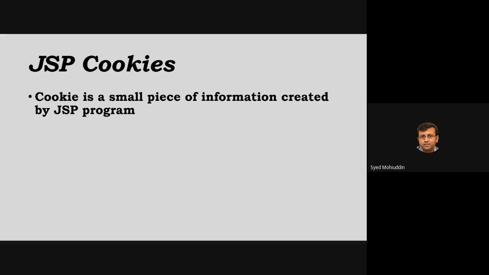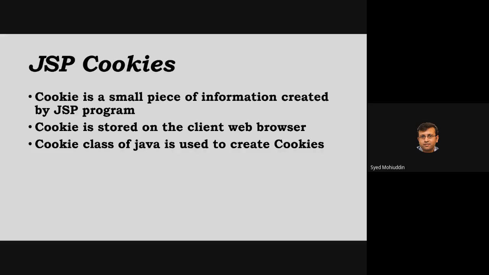We have already covered the basics of cookies: a cookie is a small piece of information stored in the web browser or web client. This information is created by the JSP program. As we created a cookie using the Cookie class in servlets, in the same way in JSP we can create a cookie using the Cookie class inside the JSP itself.